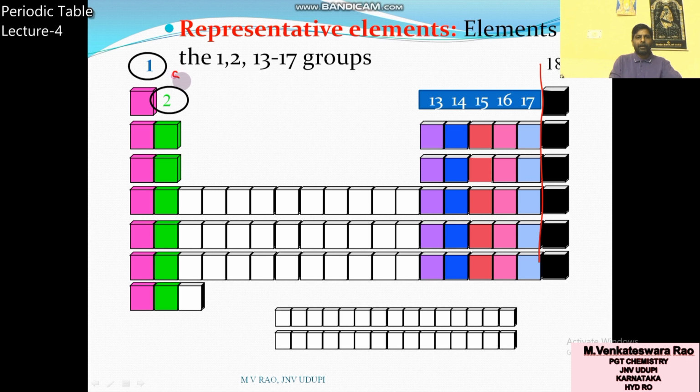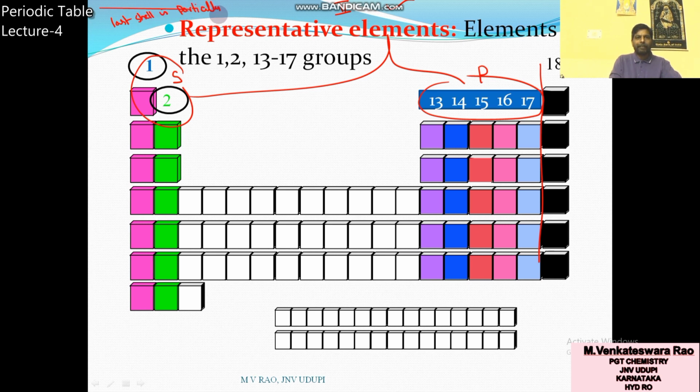So S block plus P block, these 5 groups plus these 2 groups, total 7 groups belong to the representative elements, type 2. In these representative elements, the last shell is partially filled with electrons.